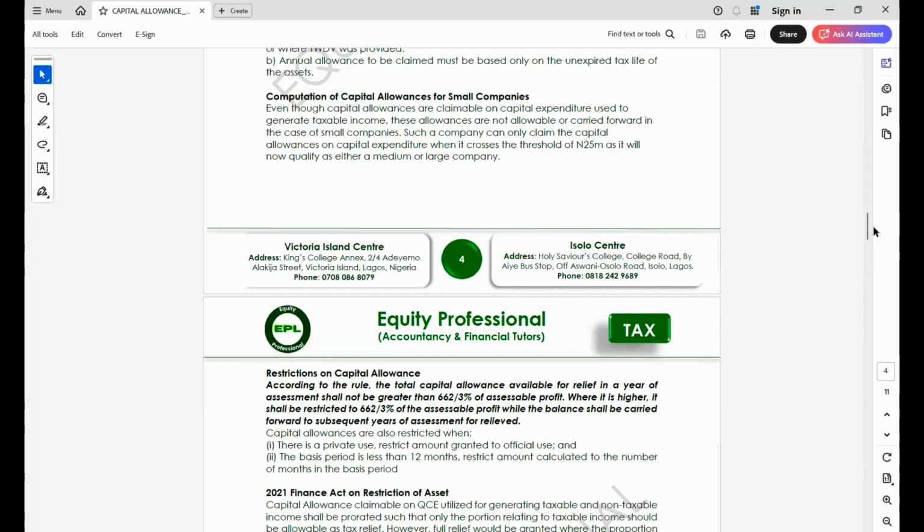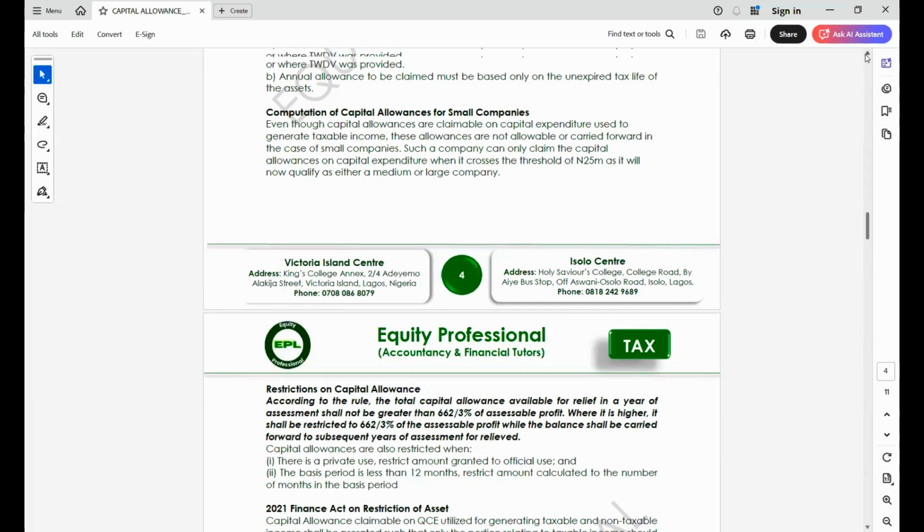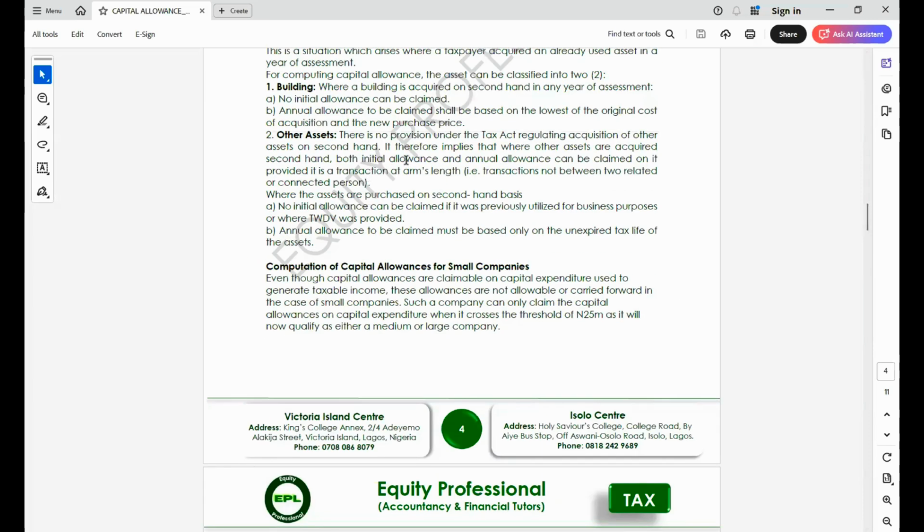So in that case, you are going to claim only annual allowance. But where you are not told of any of these two conditions, the asset will be available for both initial and annual allowance claim.